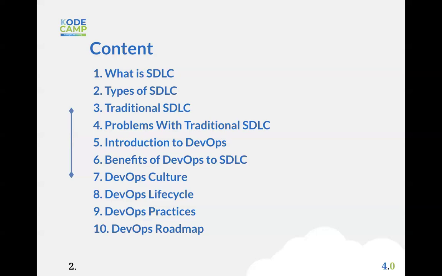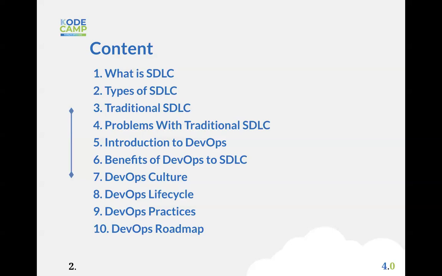And then we will introduce what DevOps is and how it relates to SDLC, the software development lifecycle. We will look at the benefits that DevOps has brought to the lifecycle of products and software. Then we will go over the DevOps culture, because DevOps is mainly culture, a set of processes and rules of how to create software and how teams interact.